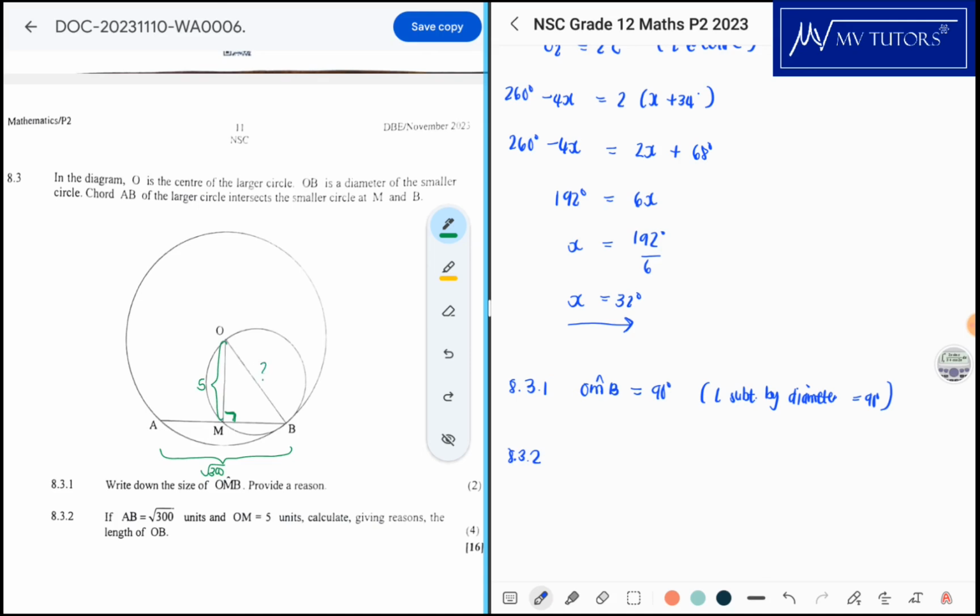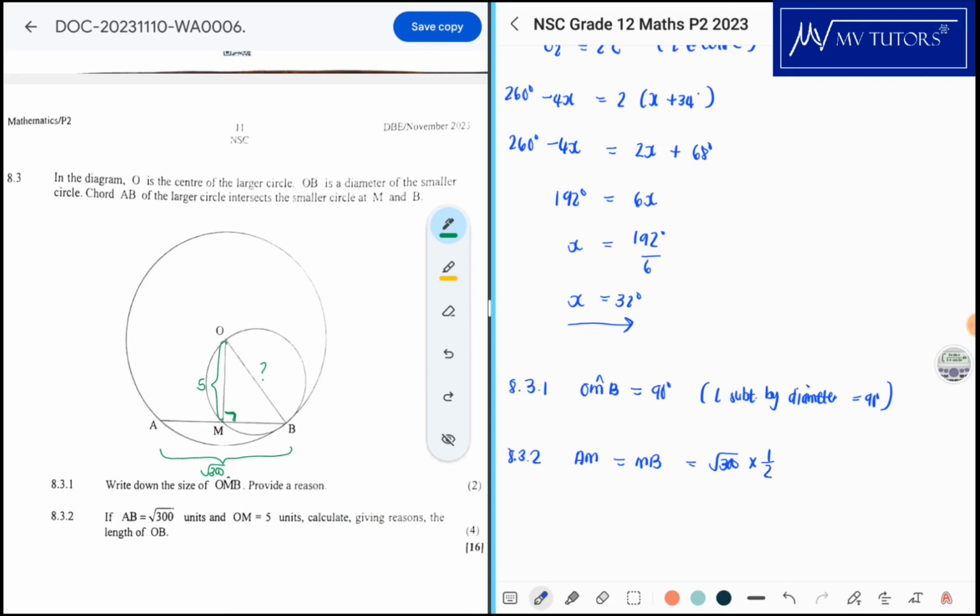All right. So, you know the line coming from the center to a chord, that actually divides the chord equally. So in that case then, AM would be equal to MB, which is actually equal to root 300 times a half.